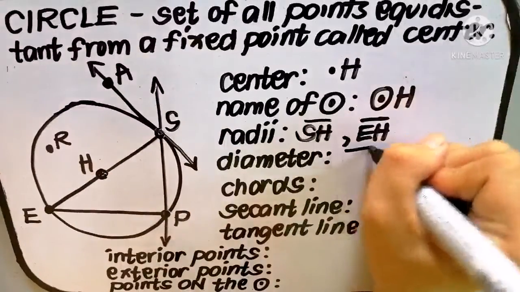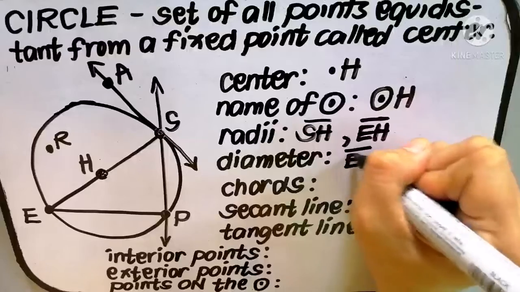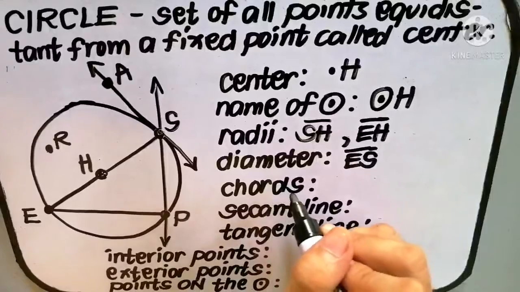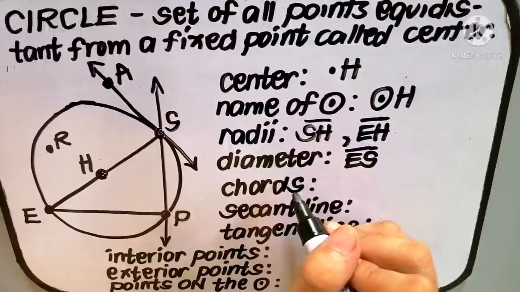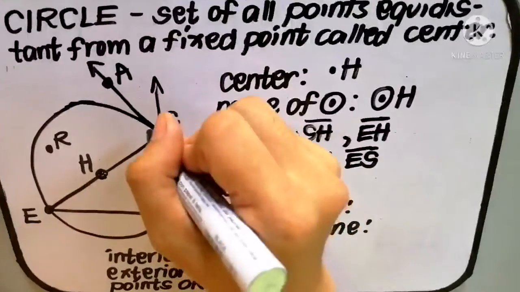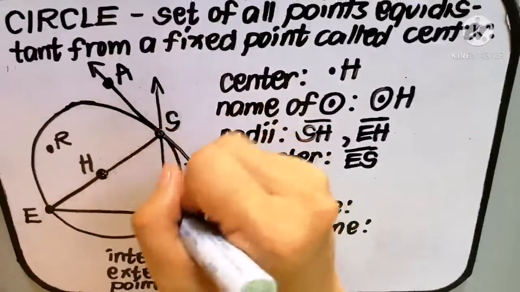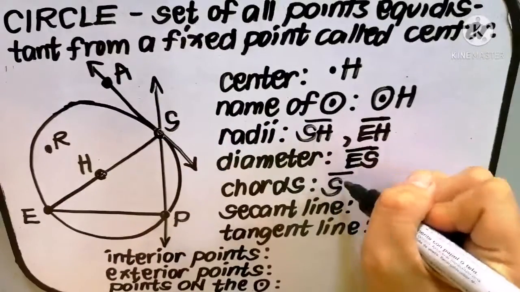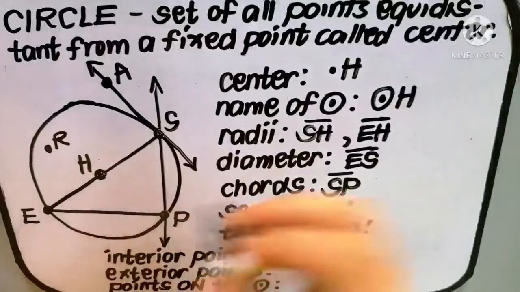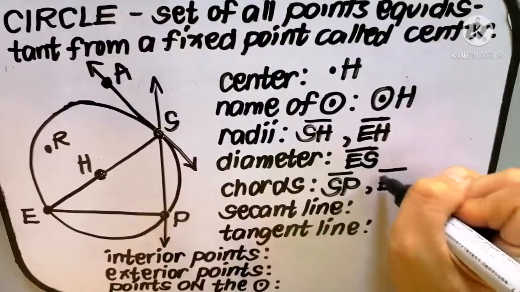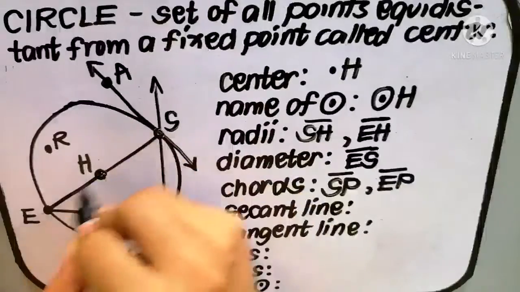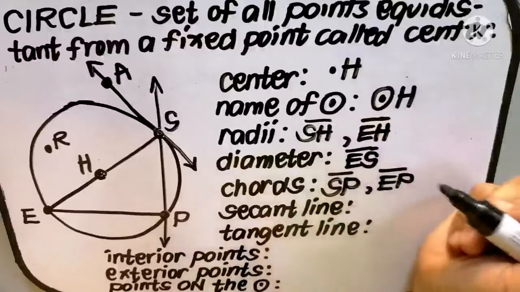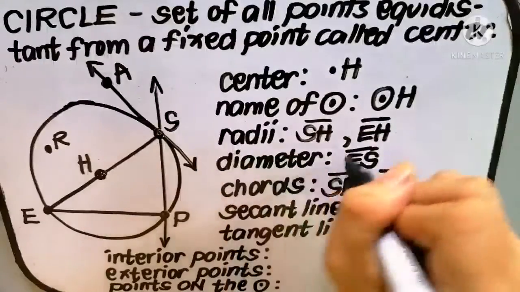So here it is segment ES or SE. Now for the chord, chords are segments which connect two different points on the circle. So here we have segment SP and segment EP. Of course, the diameter is the longest chord, but since we already put the diameter here, this is a special type of chord, the diameter.